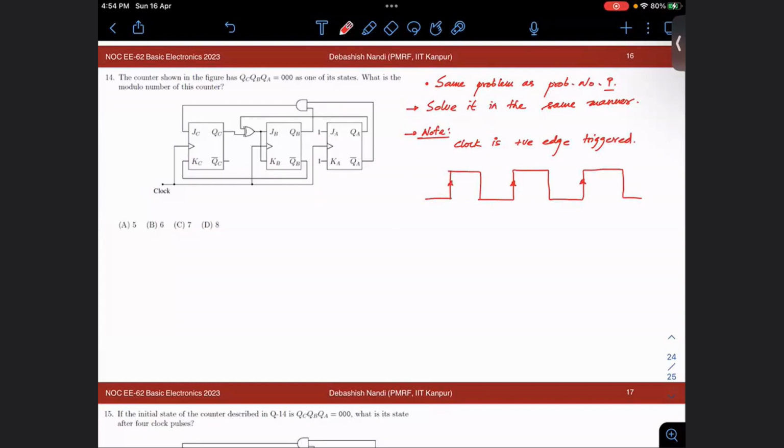At that stage, what is the status of the input? You can assume this instant as Tk minus 1 and this instant as Tk plus, and you prepare the table in the same format, and you will be able to find the answer. So I will just tell you the answer to this question. Just let me see if I had solved it.